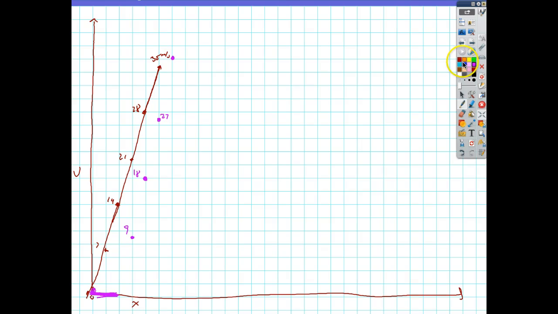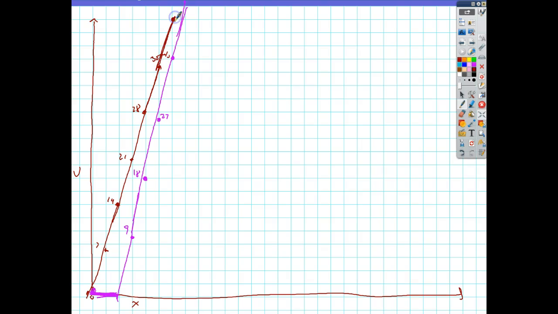Unfortunately, it just went off the graph.